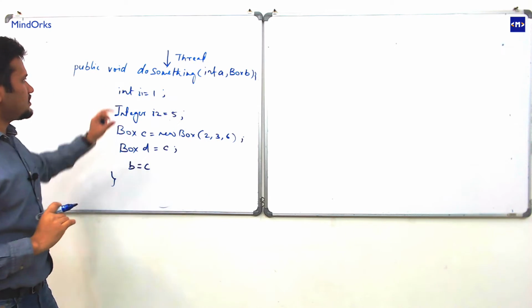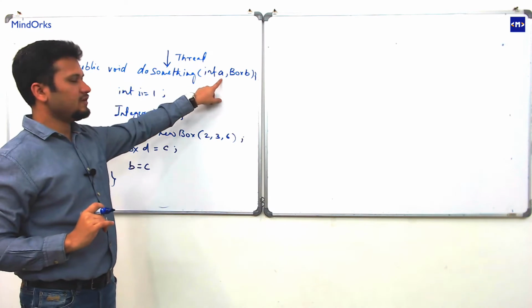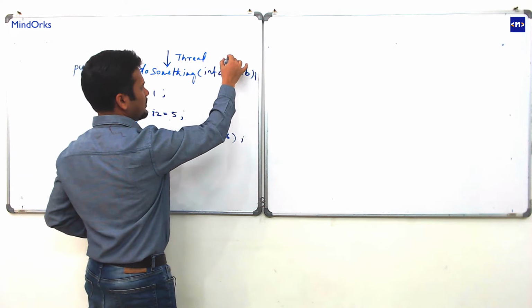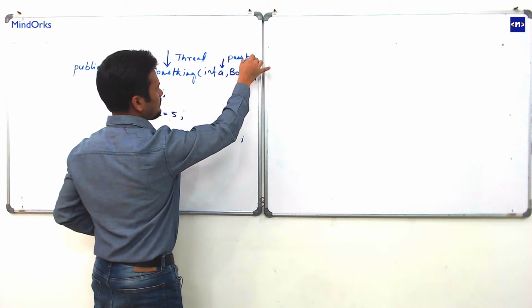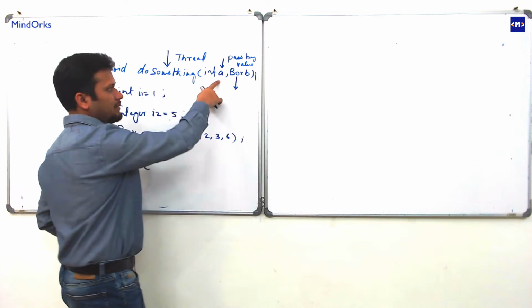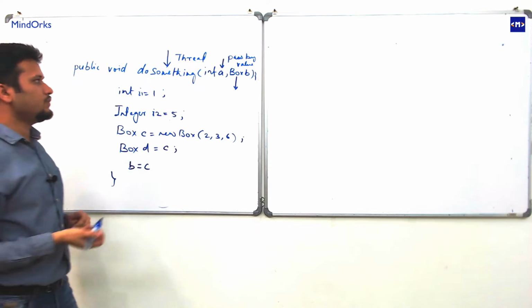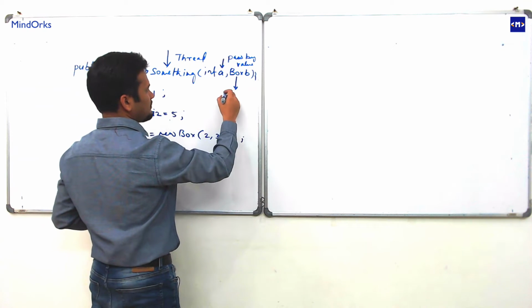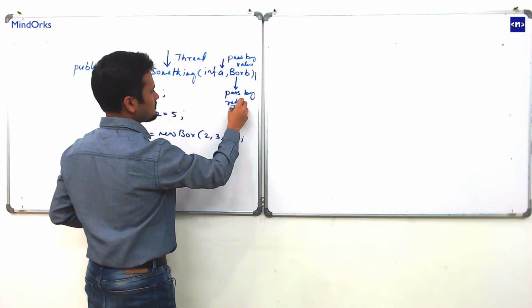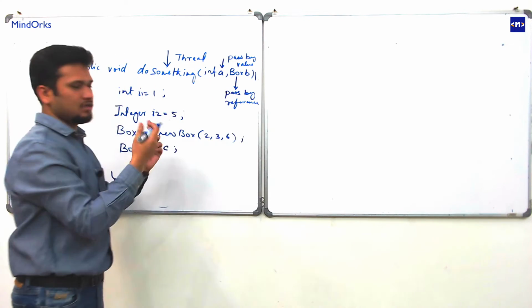When you call this method with int a, this will be passed by value. Primitive types are always passed by value, and object types are passed by reference. You must remember this.